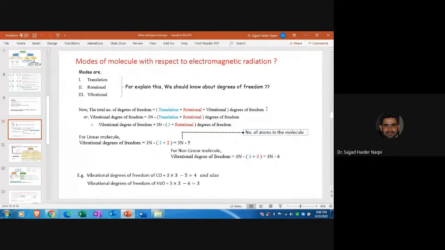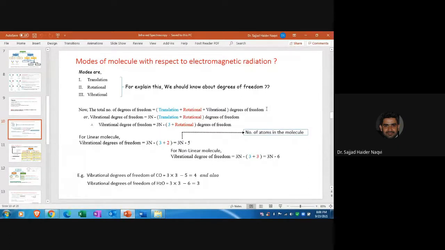Now, what I'm interested in on this slide is not the mathematical aspect. What I want you to know is that whenever electromagnetic radiation passes through the sample, it results in three types of changes, three types of modes: translational change, rotational change, and vibrational change.